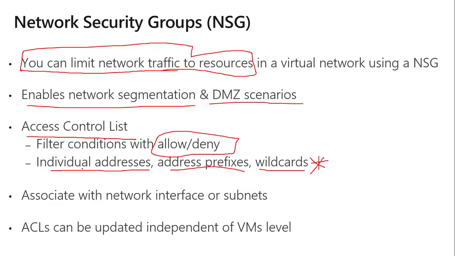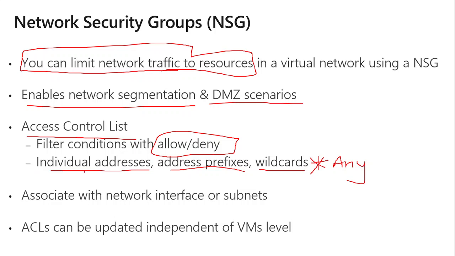So you can allow or deny a single IP, or you can allow a set of the IP range by providing a suffix like /22, /26, /28, or wildcard characters, which means anyone can communicate. These are the three options we have for filtering IPs.